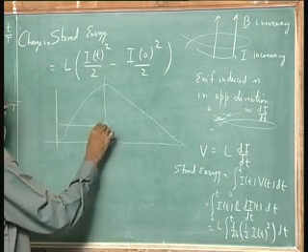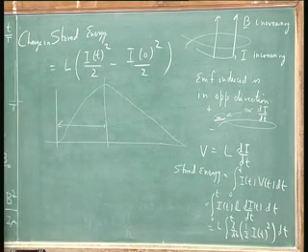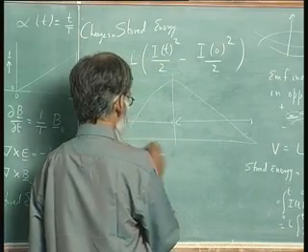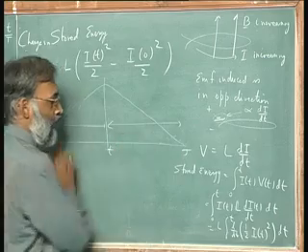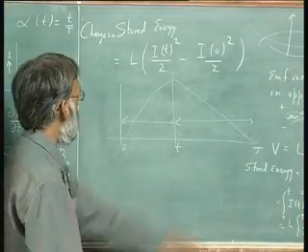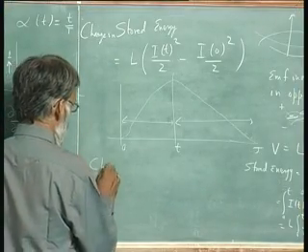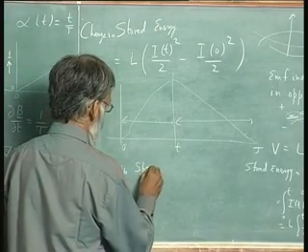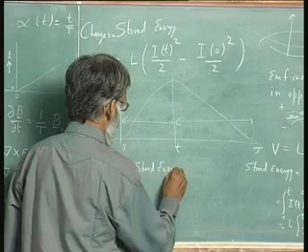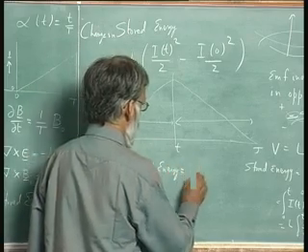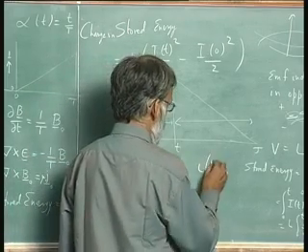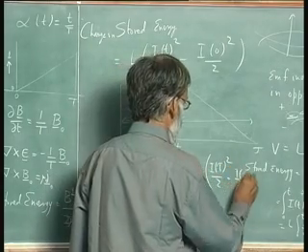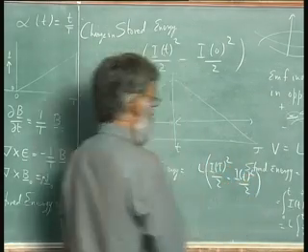In this period, so this is 0, this is some time t, this is some time tau. In the second period, what you have is the change in stored energy is equal to L times I(tau) squared over 2 minus I(t) squared over 2.